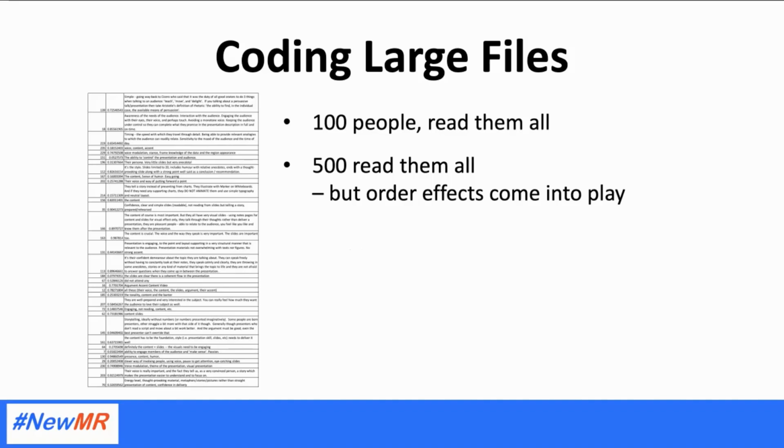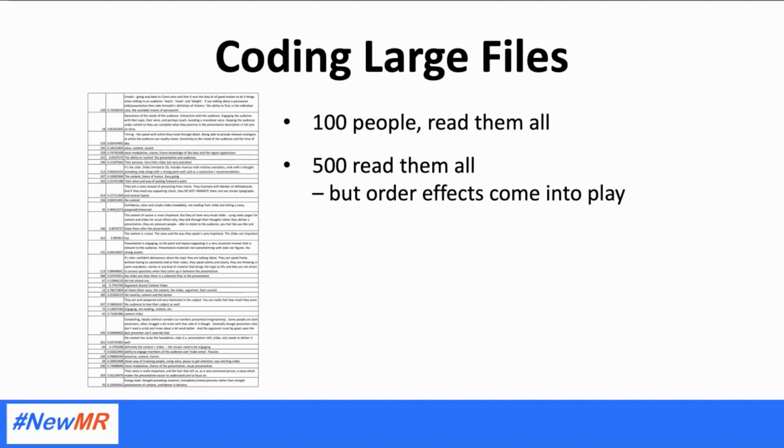And there are some real problems with order effects. The first 50 or so you read are really going to shape your thinking. In fact, sometimes you will find that people create a code frame by looking at the first 50, 100, and then will code the rest of it, or even delegate the coding to somebody else for the rest of it. So those order effects can come into play.